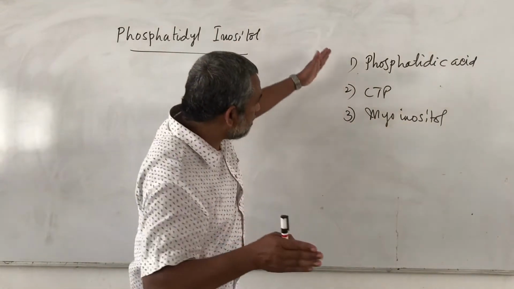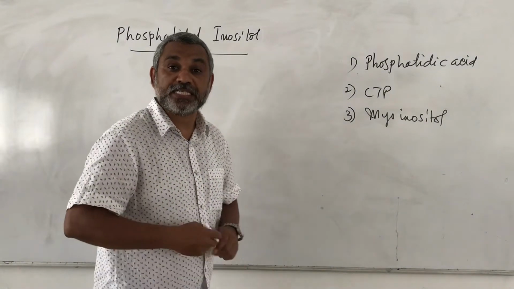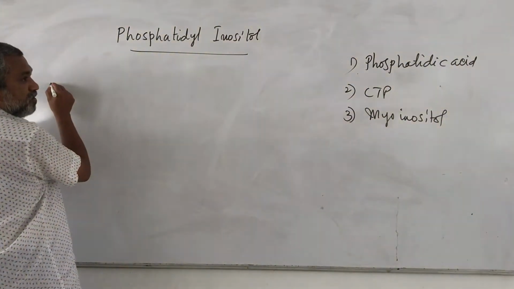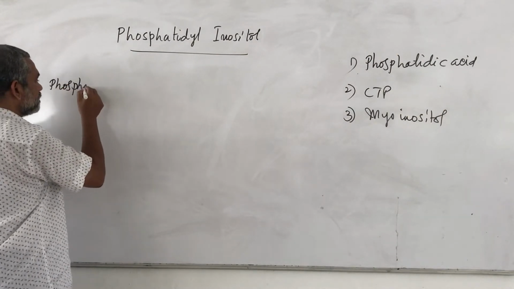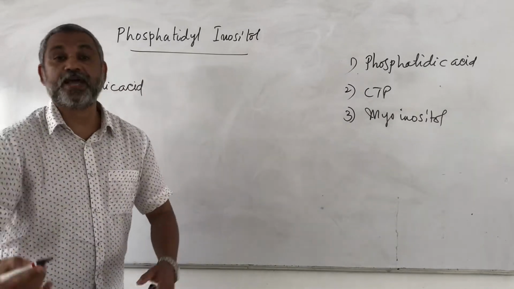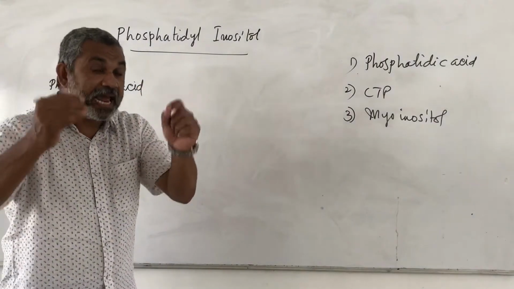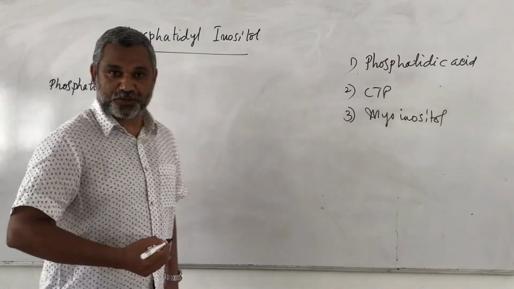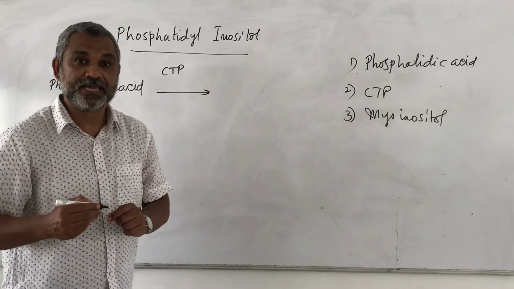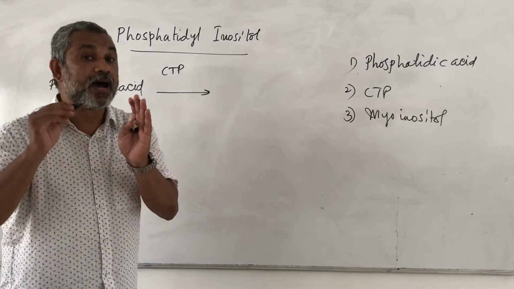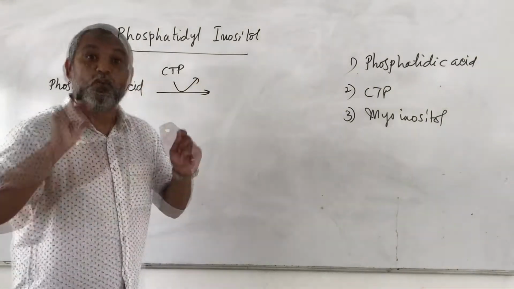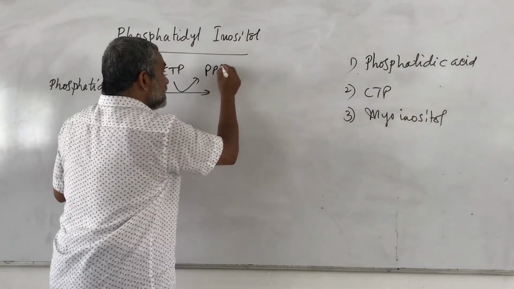So therefore, in the synthesis of phosphatidylinositol, step number 1, you have phosphatidic acid. This phosphatidic acid will attack the CTP molecule, especially at the alpha anhydride phosphodiester bond, and once it attacks, PPi is liberated.